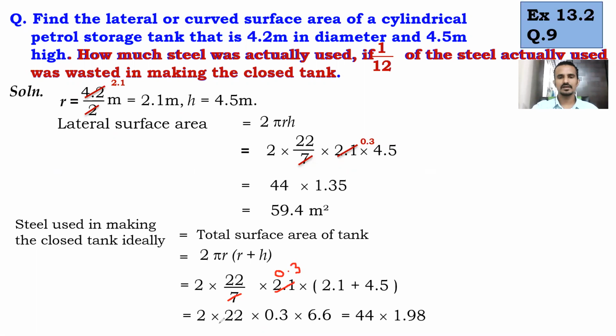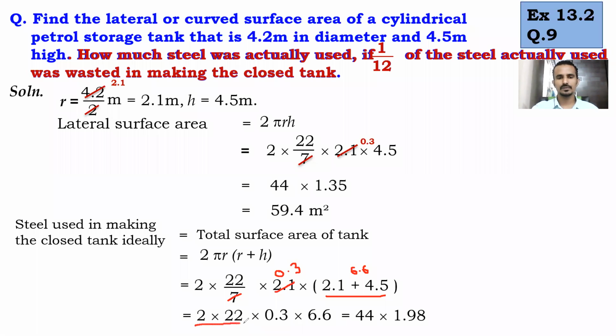And in the bracket, when you add these two numbers, 2.1 plus 4.5, it will become 6.6. So we get the next step, that is 2 into 22 into 0.3 into 6.6.